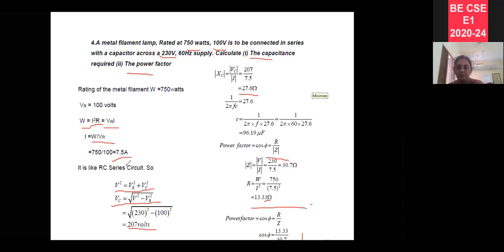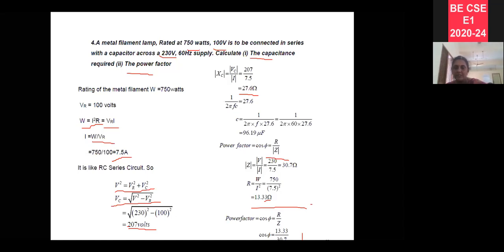Capacitance value. Not XC, C value. XC value I had told you. C value, you tell me. I wanted the capacitance value. You calculate capacitance.